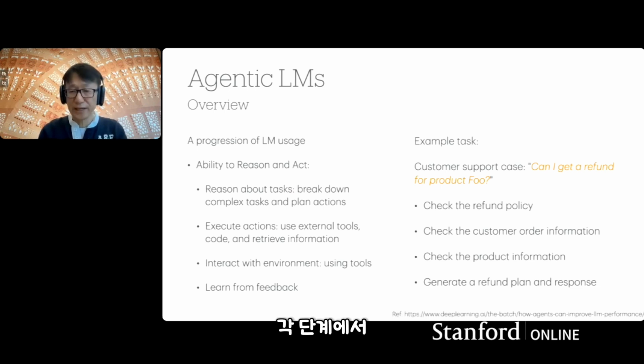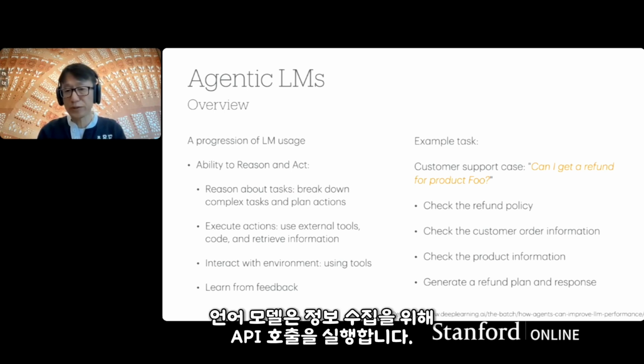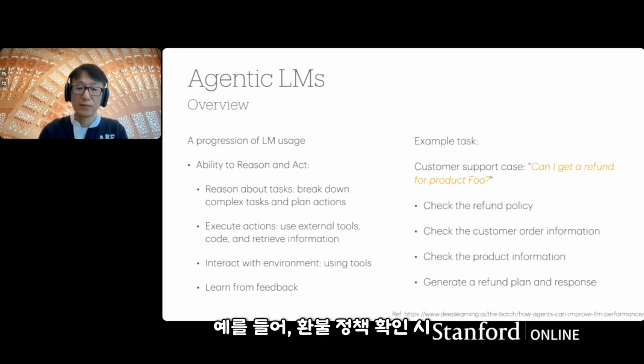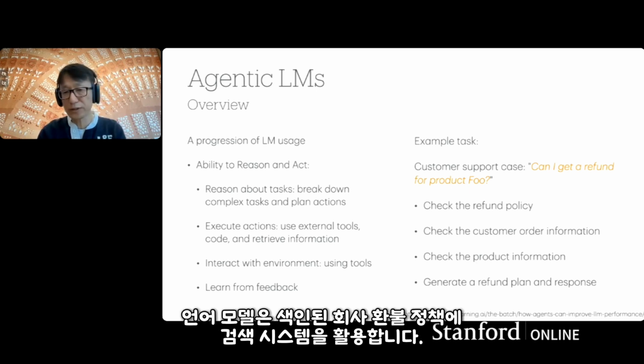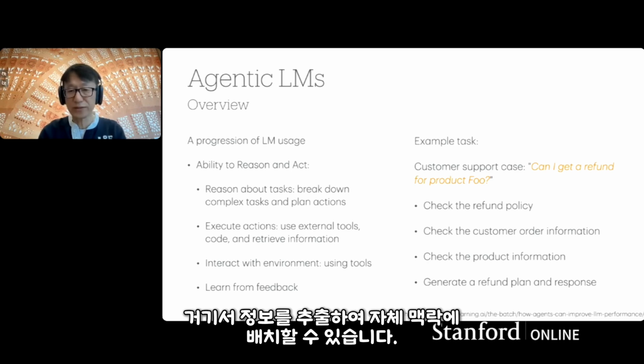In each step, the language model will output API calls so that it can collect the information. For example, to check the refund policy, the language model could query a retrieval system over the pre-indexed company refund policy, retrieve the information, and put it in its own context.